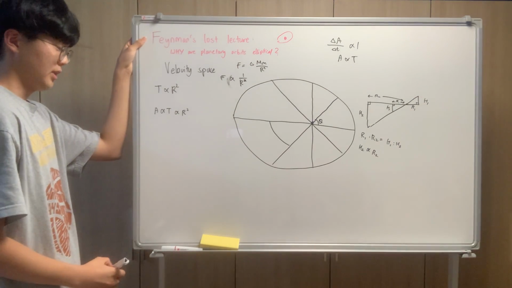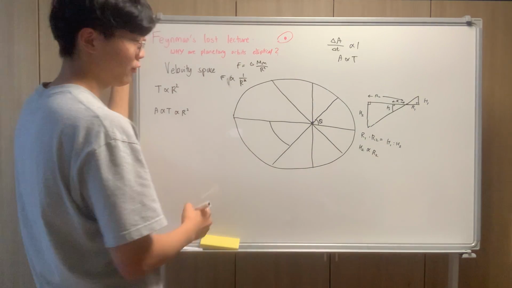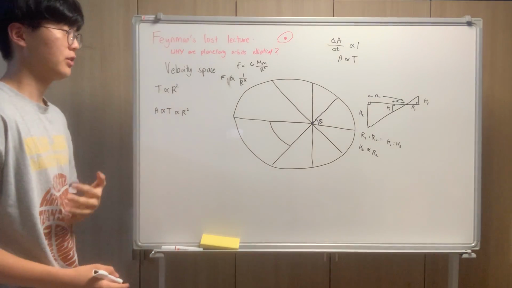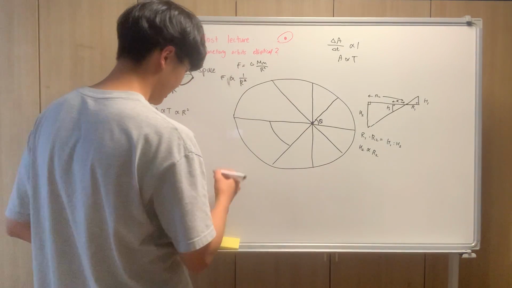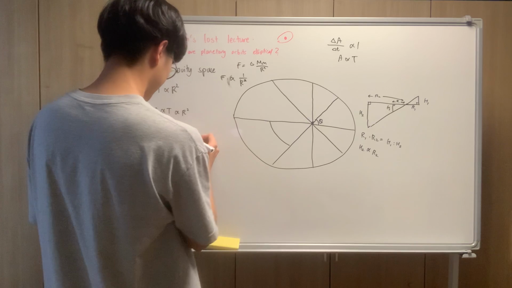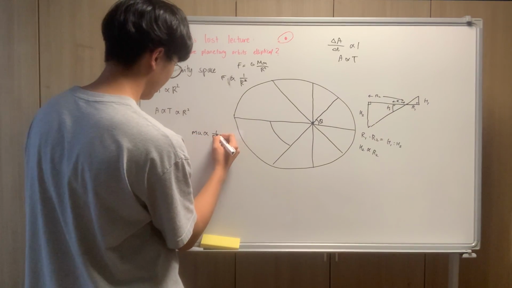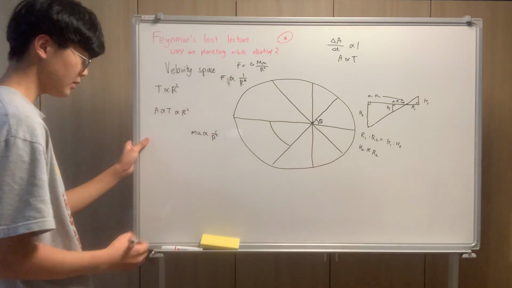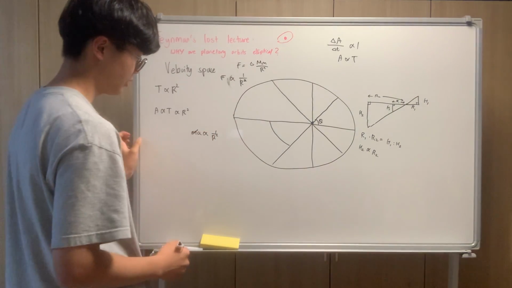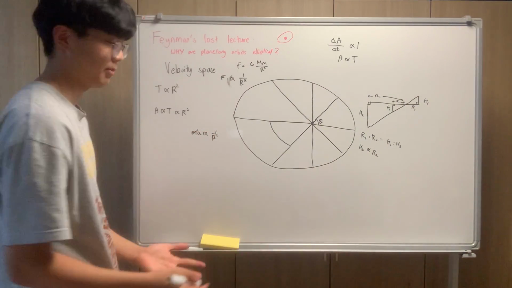Now, let's have a look at the force. Well, we define the net force as the mass times the acceleration. And so ma is proportional to 1 over R squared. We could get rid of the mass because it doesn't really play a part.